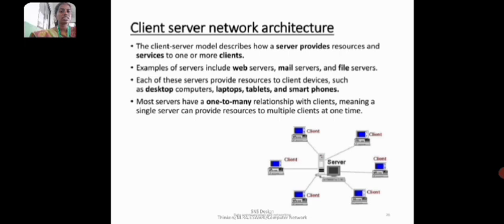Most servers have a one-to-many relationship with clients, meaning a single server can provide resources to multiple clients at a time. This picture shows the client and server system, where more than one client is connected to one single server.